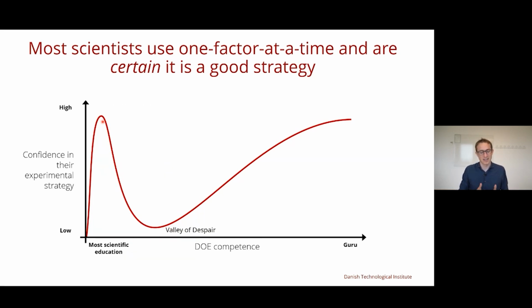That means that when you try to learn a little bit more about how you can design your experiments well, you have to cross this valley of despair where all of these issues with working in a different way come up.